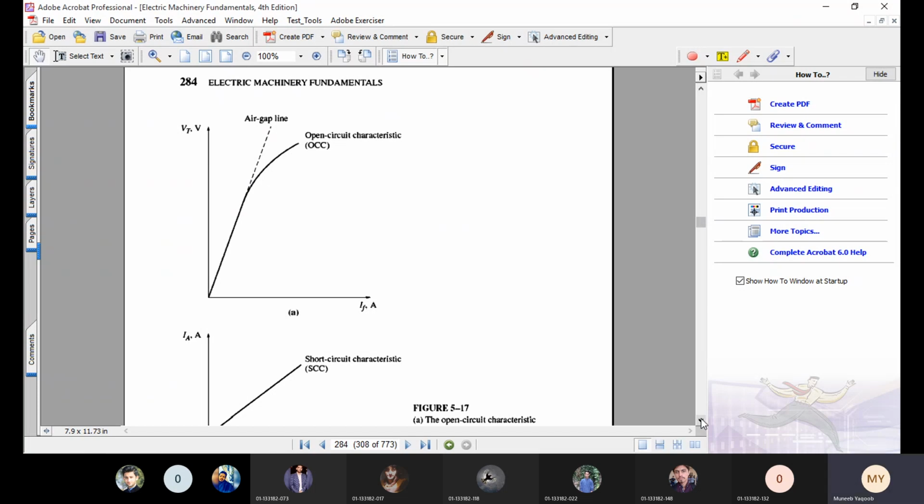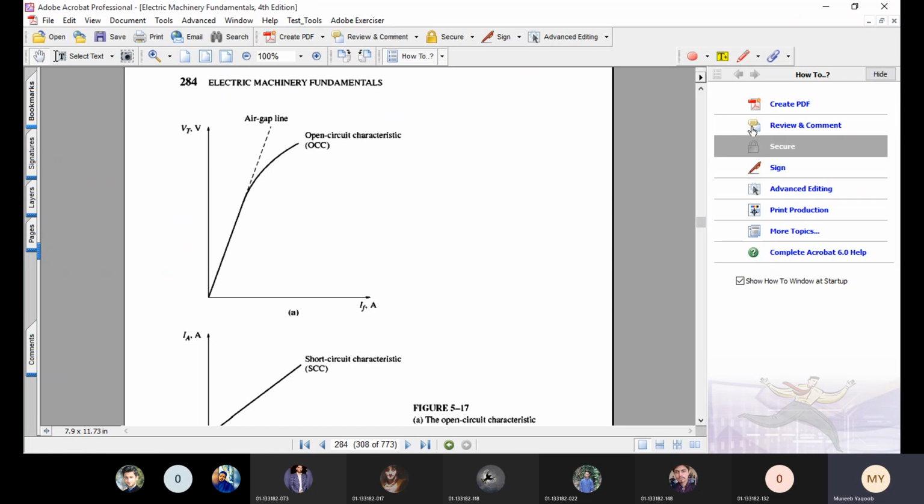What happens is that we start gradually increasing the field current, and we plot a graph between the field current and the terminal voltage of the synchronous generator. Now this graph can give us the internally generated voltage at a particular field current, at any of the points that we will be considering.